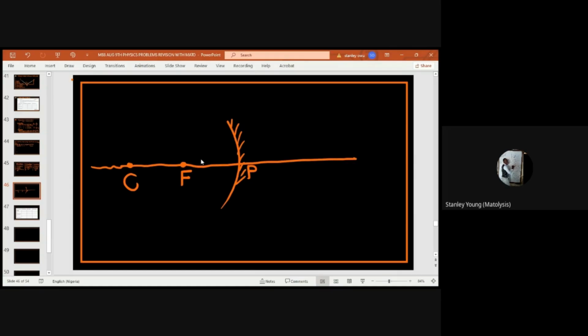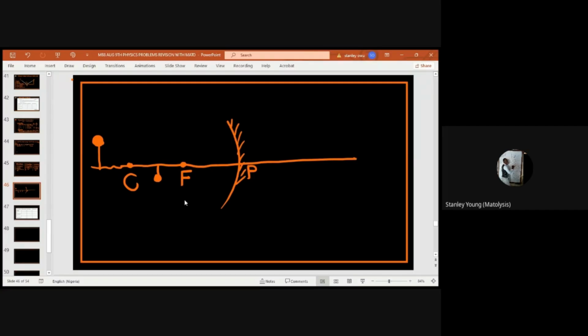And these different positions also imply different characteristics for the images. When an object is placed behind the center of curvature, usually the image formed is somewhere around here. It's going to be inverted, real, formed between F and C, okay?